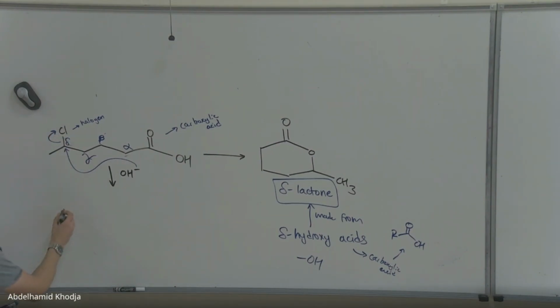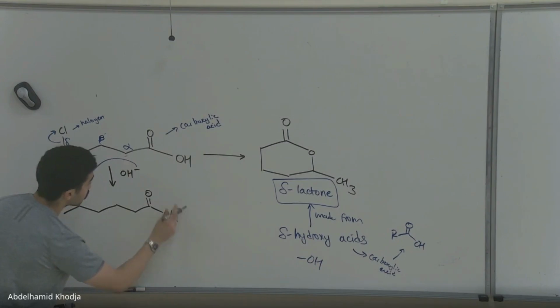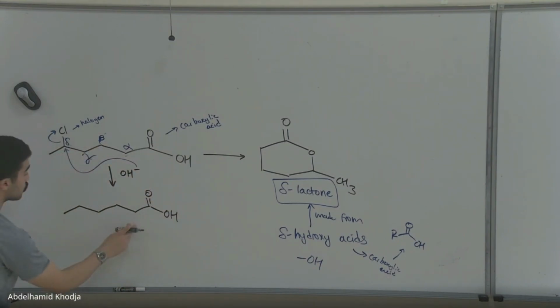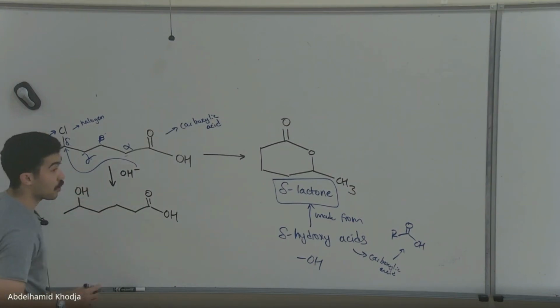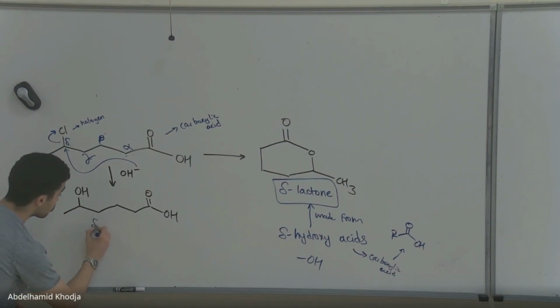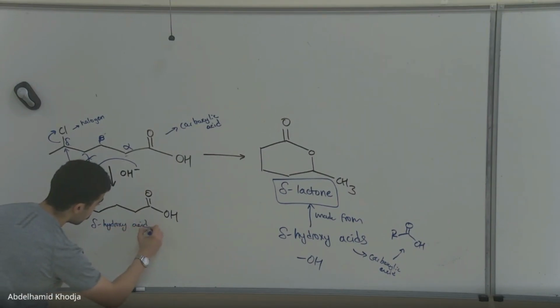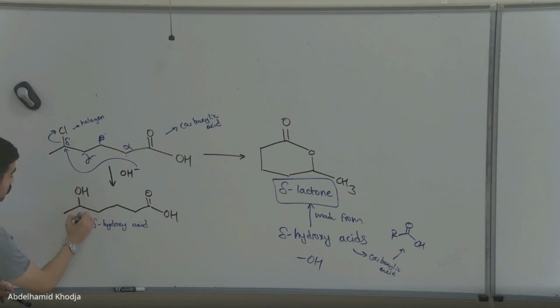So we redraw everything exactly as is, 1, 2, 3, 4, 5, except now we've replaced it with an OH. Now we officially have our delta hydroxy acid. Perfect.